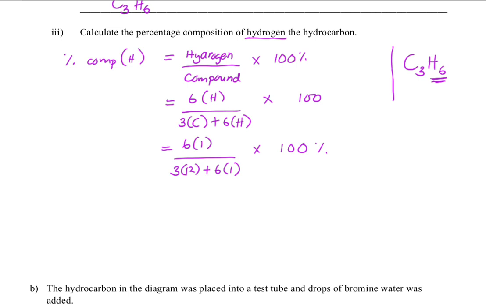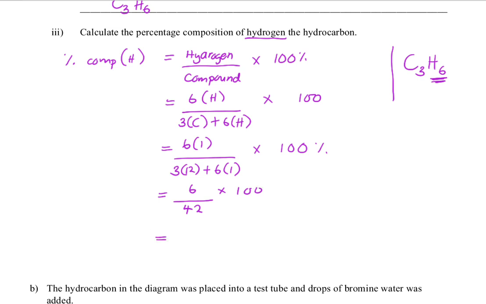We go to our calculator: 6 all over, then 3 by 12 gives us 36. Then 36 plus the other 6, we get 42. So it's 6 over 42 multiplied by 100.